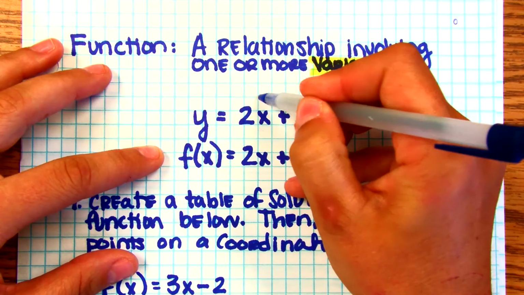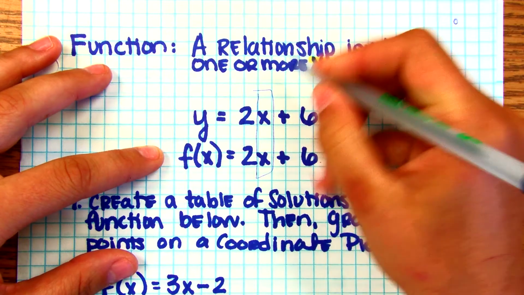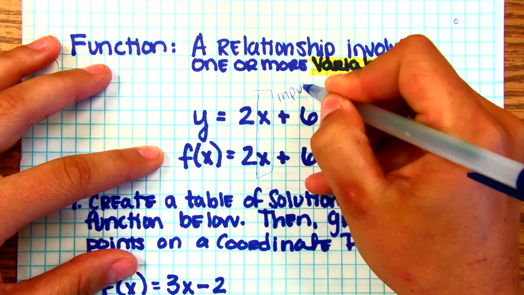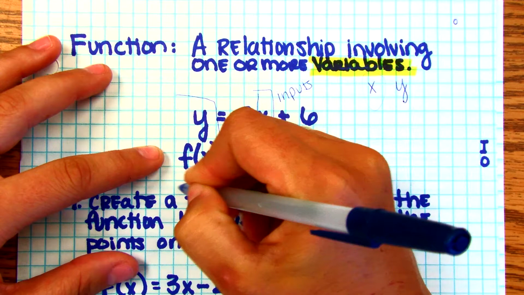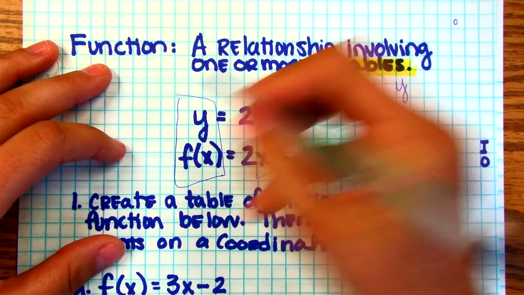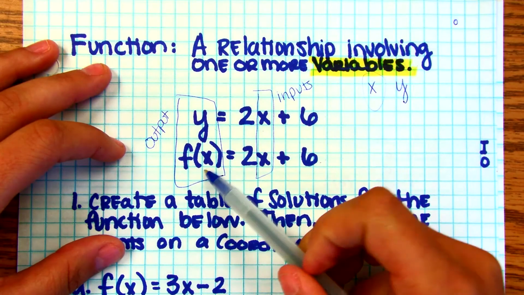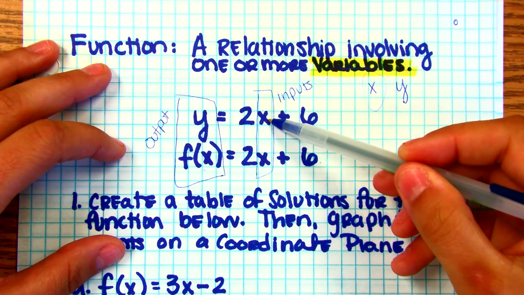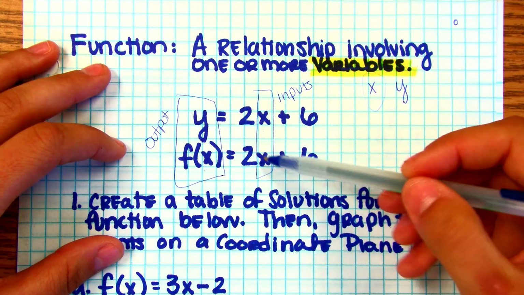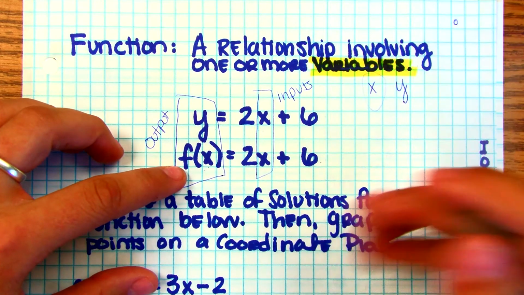Our x's are the inputs, and the y, or the f of x, is the output. It's the value that we get when we substitute in a value for x. This is just a different notation that we use.